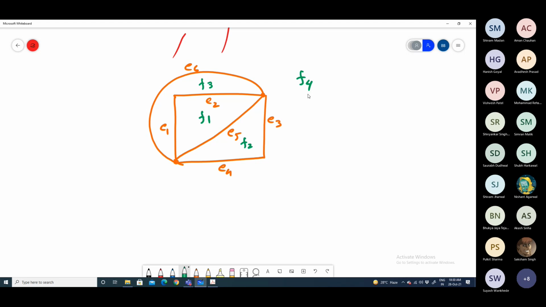What will we count? First count E1. Look at E1. E1 is this edge. E1 is involved in F1 and F3. So E1, F1, E1, F3.